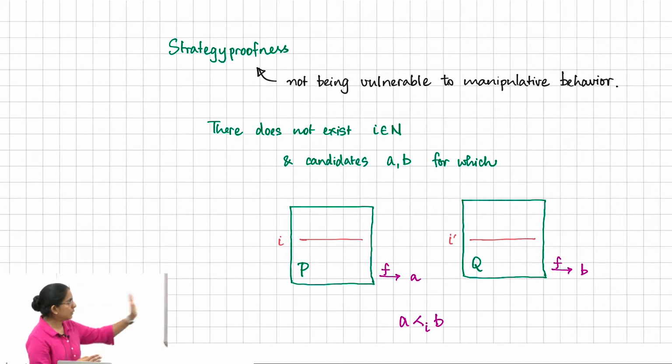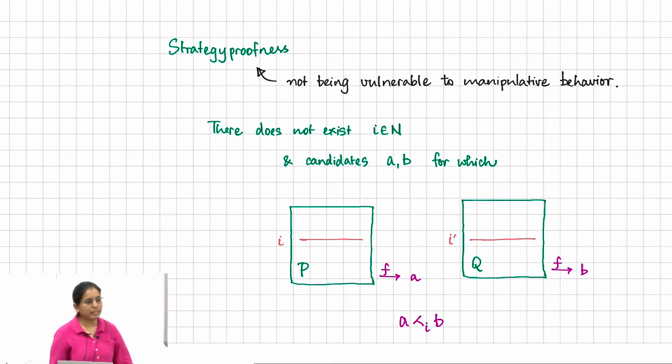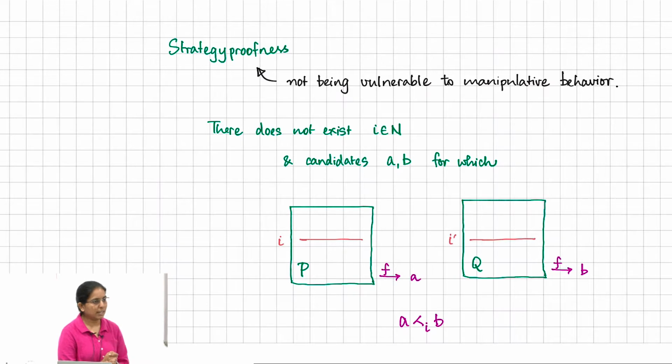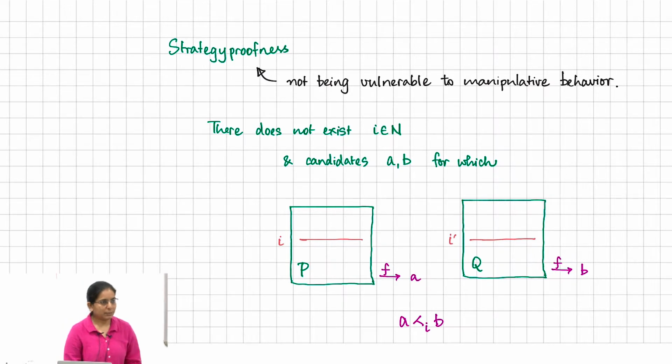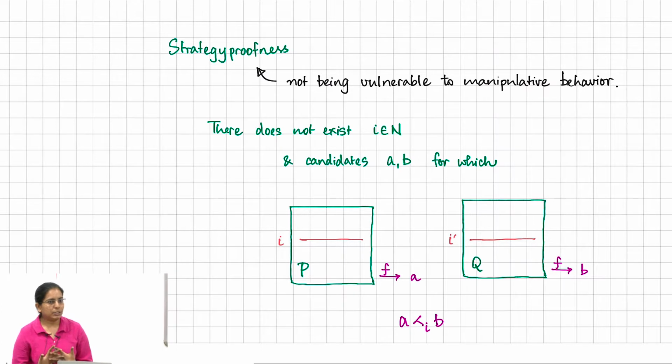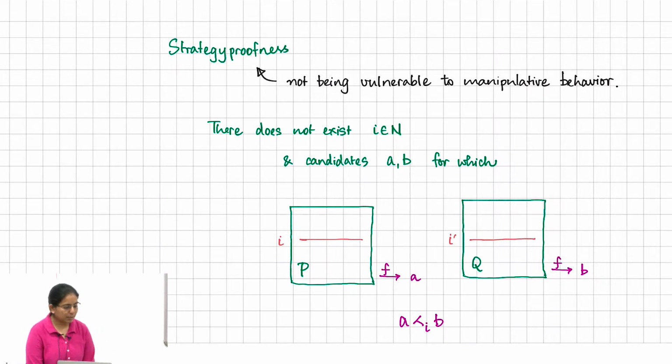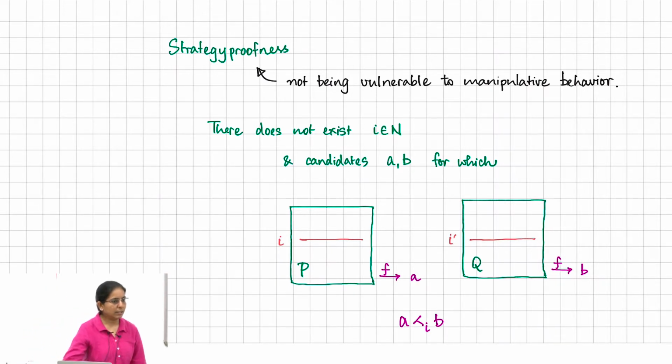What I mean is that in the vote that we have for voter I in the profile P, let's say that B is ranked ahead of A, which is to say that B is preferred over A. And in the profile P, the voter I sees that the output of the mechanism is the candidate A. And if the voter happens to be aware of the profile Q, where she knows that everything else is the same, all she has to do is change her vote to I prime, and that will compel the mechanism to output B, which is a different outcome that is preferred over the current outcome, then certainly we have created a scenario where there is temptation for the voter I to deviate from her current preference. Does that make sense? Yeah? Okay.